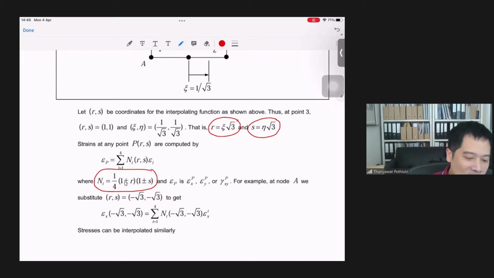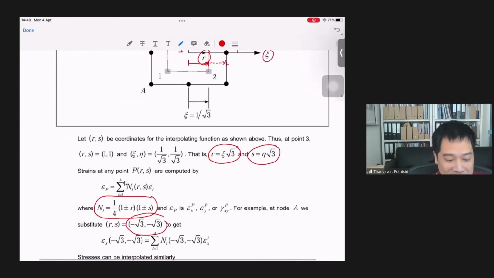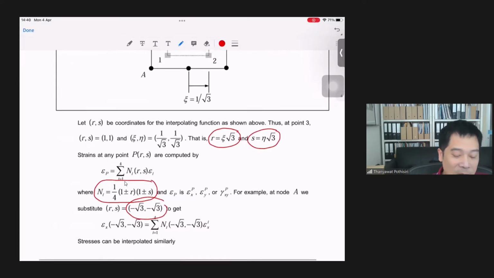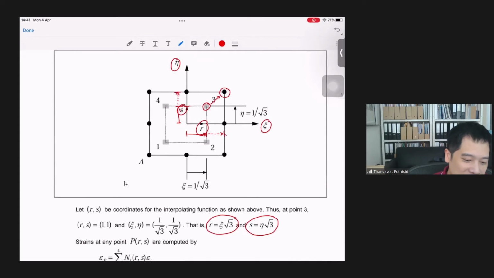If you substitute R and S as square root 3 and square root 3, then you can get the value of your strain at the nodes. So you can use this simple form of extrapolation function to compute the strain at the nodes, instead of having to compute the B matrix again at the nodes. Otherwise, once you obtain the nodal displacement.